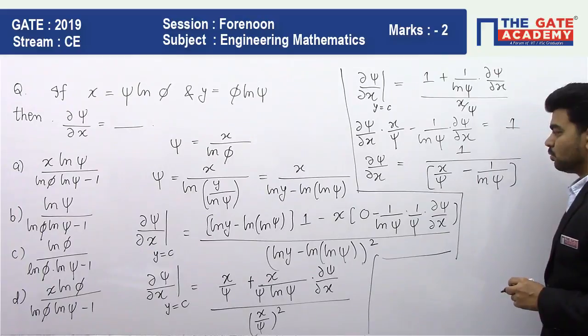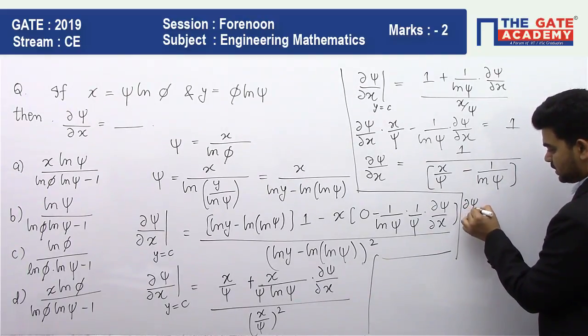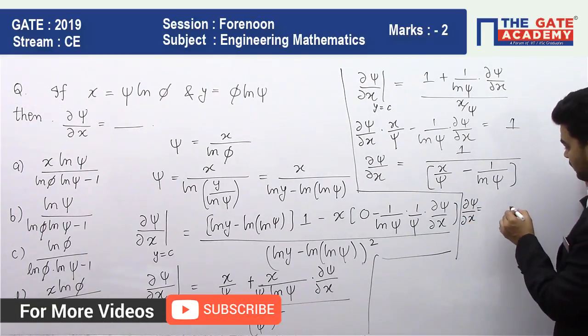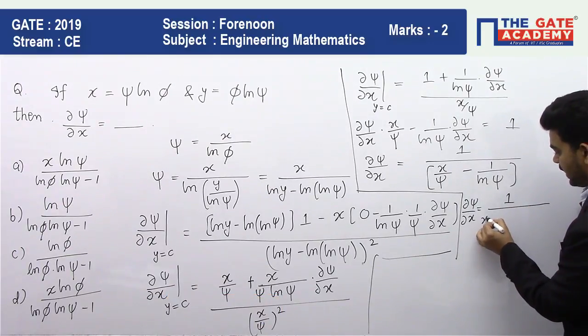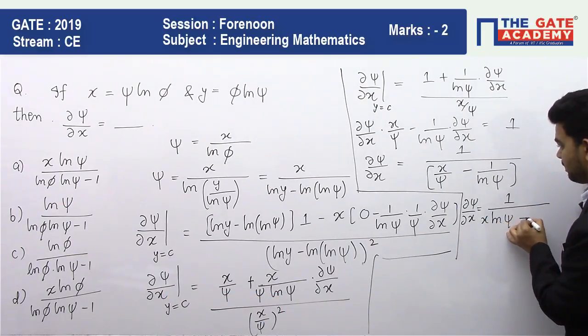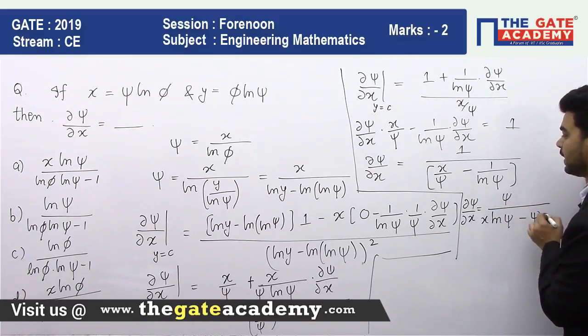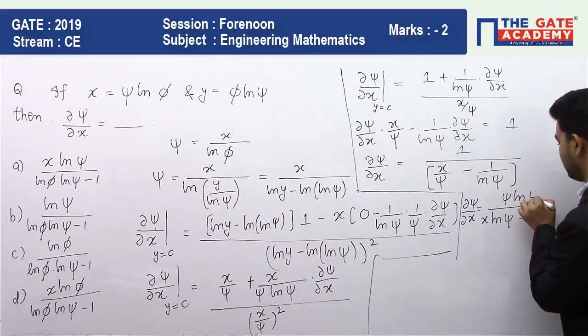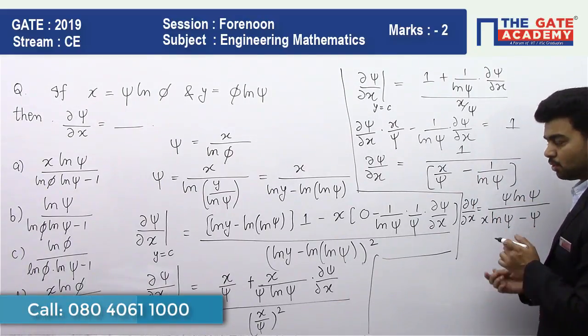So we are very close to our options now. Del psi by del x is equal to 1 divided by x ln psi minus psi, and in the upper side it will be x ln psi. By taking LCM we will get this expression. Now we are very close here.